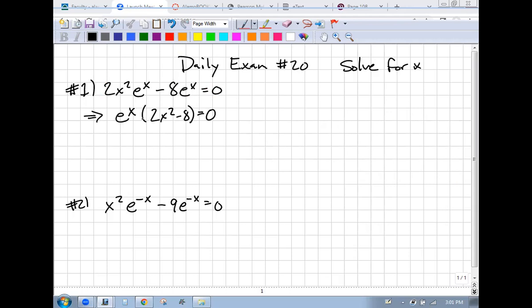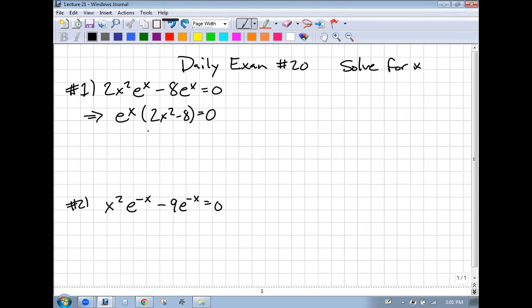Looking at this, since this is always positive, the only way this whole thing is 0 is if this is 0. This just tells you x squared equals, let's see, 8 divided by 4 is 2.